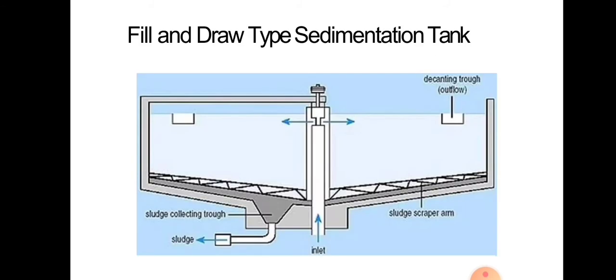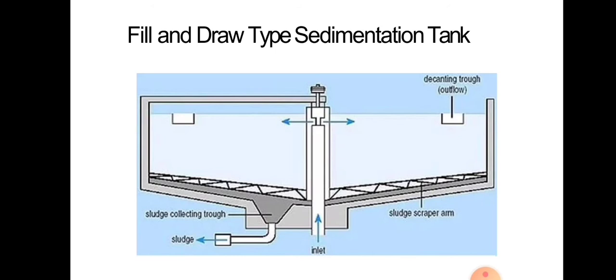It is also called the fill and draw type of sedimentation tank. It is called fill and draw because firstly you fill the tank, then after the particles are settled, you draw the water out from the tank, and hence it is called a fill and draw type tank. And quiescent means it is allowed to rest, or it is stagnant; the water is kept stagnant and doesn't flow, and hence it is called a quiescent type.